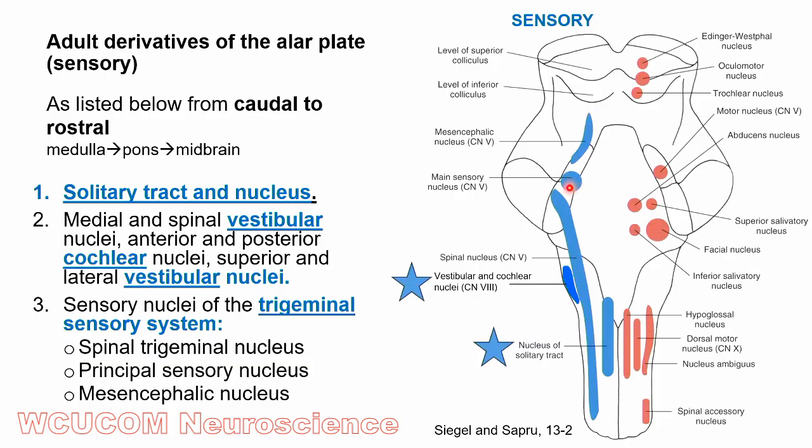And the very unique mesencephalic nucleus, which begins in the pons and ends in midbrain, deals with proprioception from muscles of mastication, okay? So we'll come back to this. Spinal trigeminal nucleus, a main or principal sensory nucleus of trigeminal, and the mesencephalic nucleus of trigeminal.